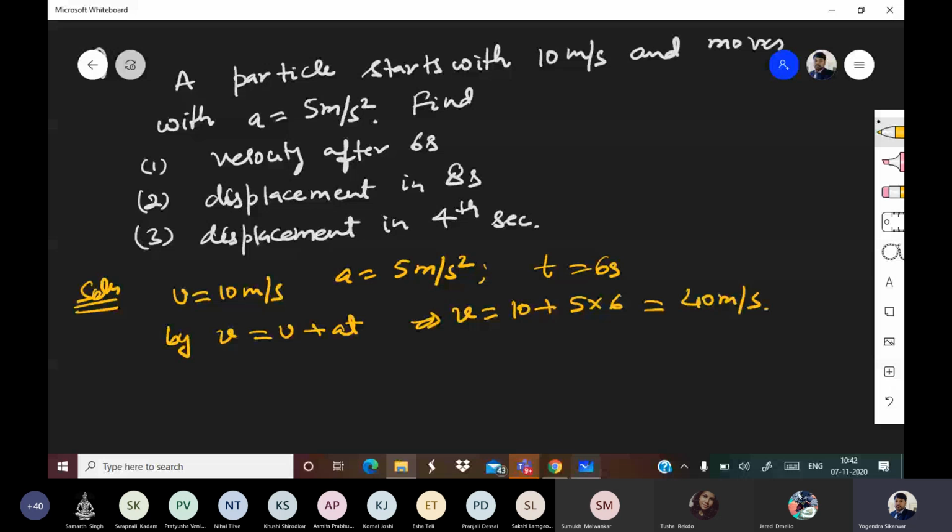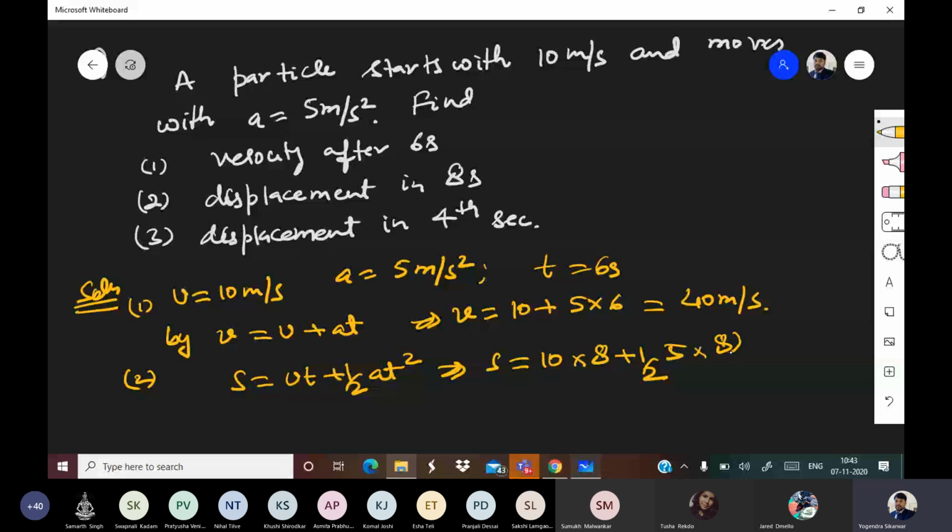Okay. Now displacement we need to find in 8 seconds. So S is equal to UT plus half AT square. So S will be UT, that means 10 into 8, plus half, A is 5, into 8 square.